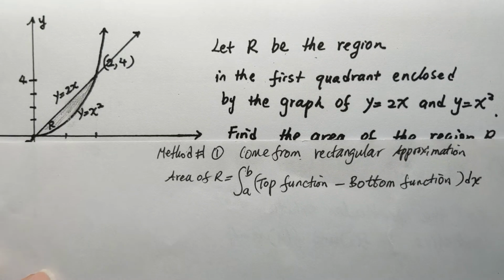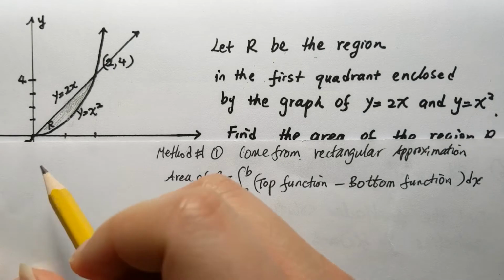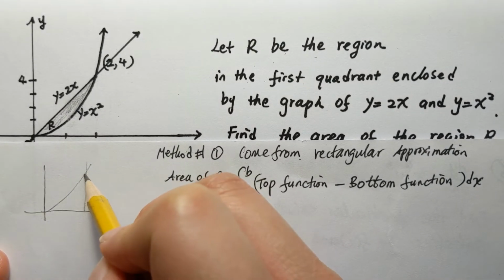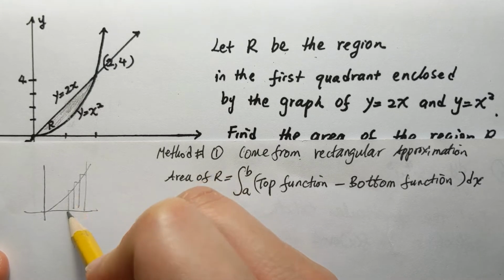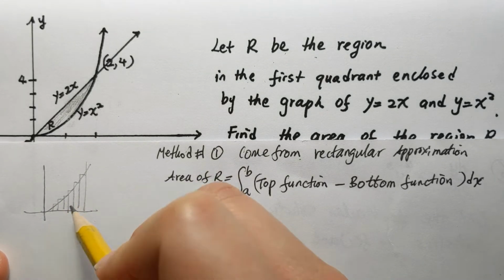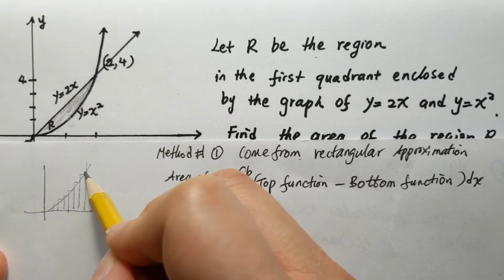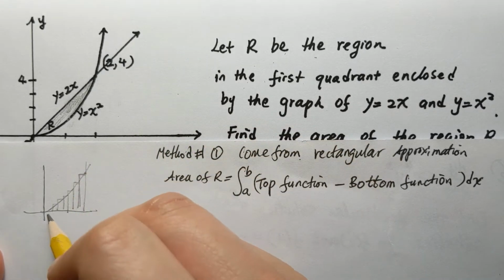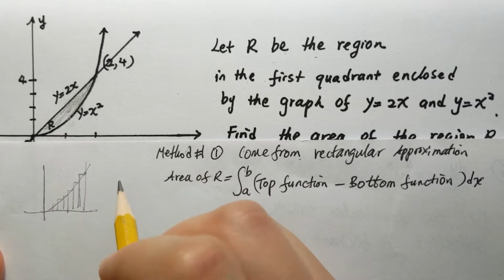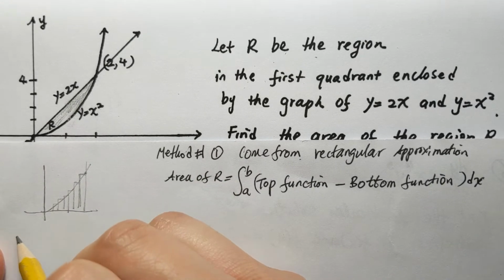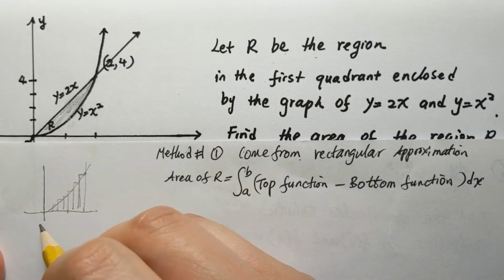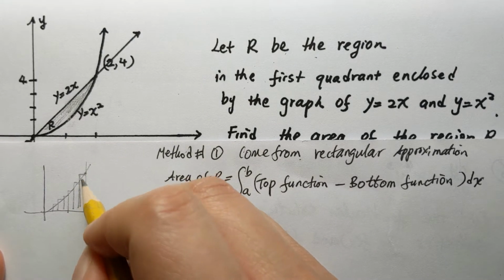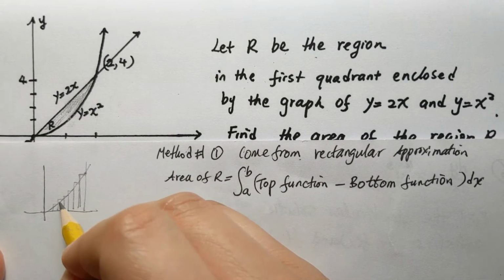Before I derive it, let's refresh a little bit about the rectangular approximation. Recall when we did the Riemann sum, we used rectangles to approximate the area underneath the curve. We can use the right sum or left sum. At the end, when the number of rectangles tends to infinity, the sum of the areas of the rectangles equals the area underneath the curve.